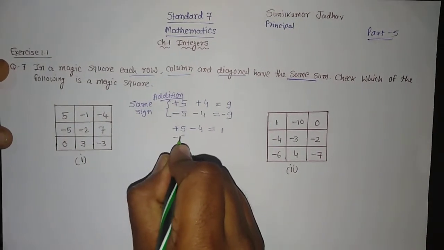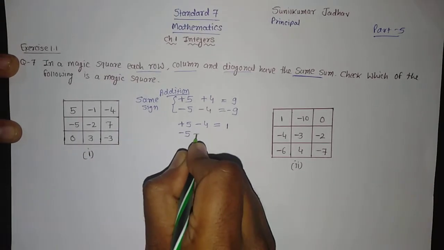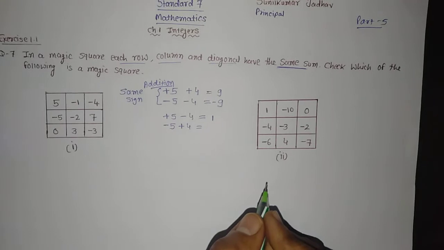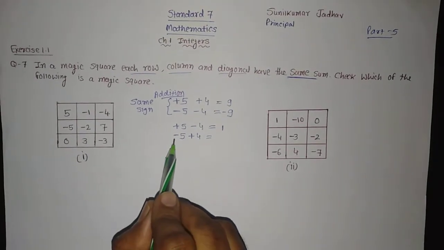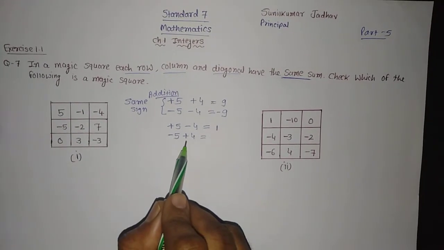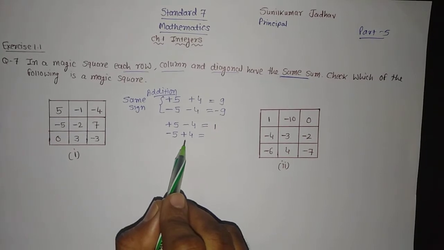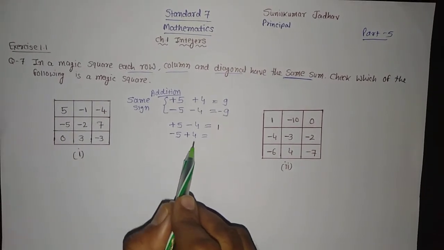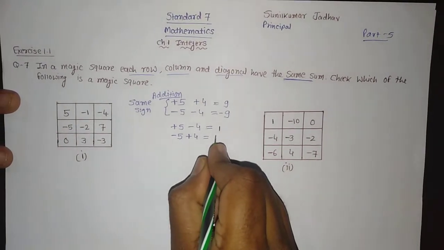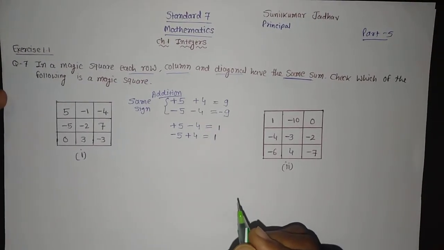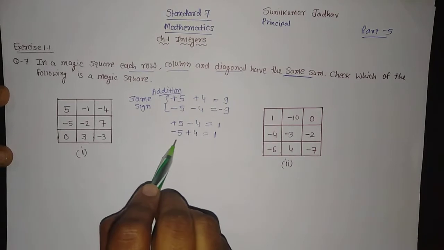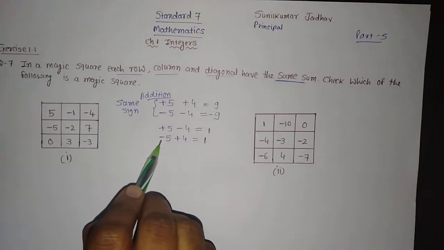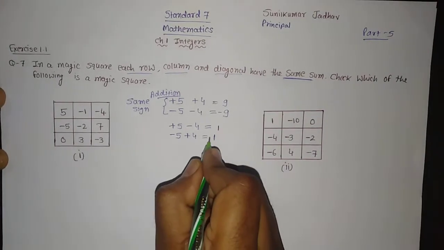Another case where it is minus 5 and plus 4. Again, they have different signs. One has the plus sign, another has the minus sign, so we need to do the subtraction. 5 minus 4 is equal to 1, but we need to keep the greater term's sign. Between 5 and 4, 5 is the greater term and it has the negative sign, so we keep the negative sign.